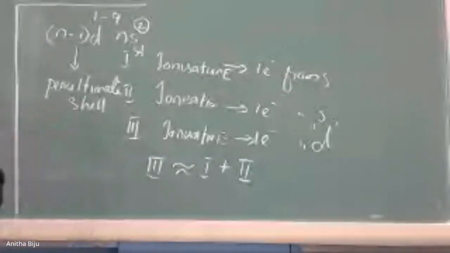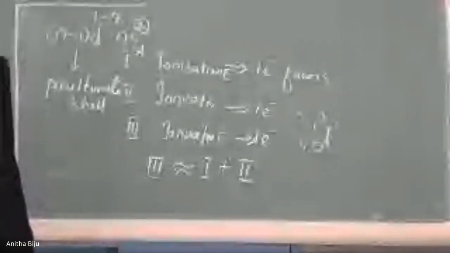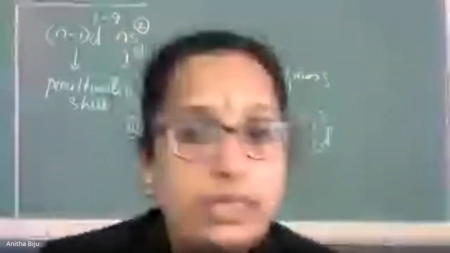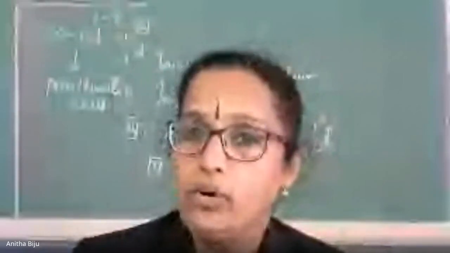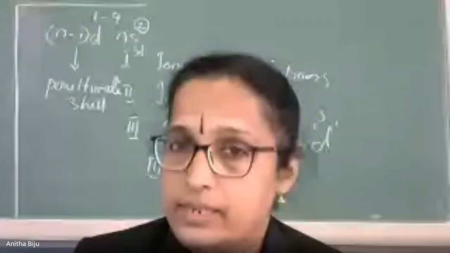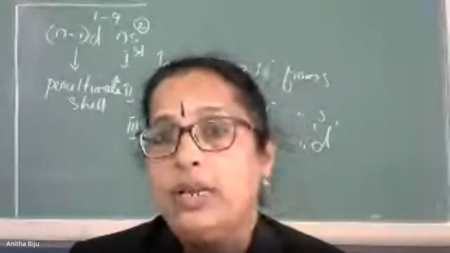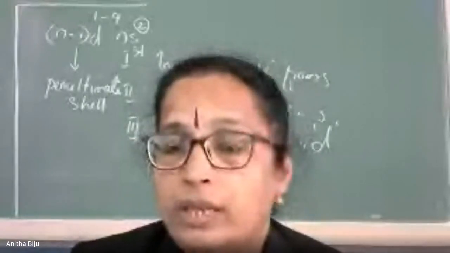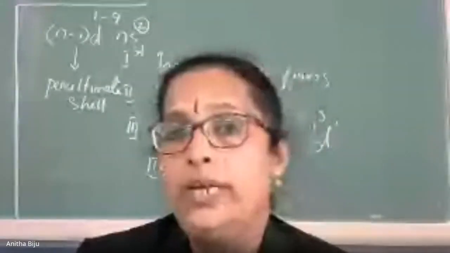So this is the question. Third ionization enthalpy of transition elements is very high as compared to first and second ionization enthalpies. What is the reason? During first and second ionization, electrons are taken from the S subshell, but during third ionization, electrons are taken from the D subshell, which is very close to the nucleus.